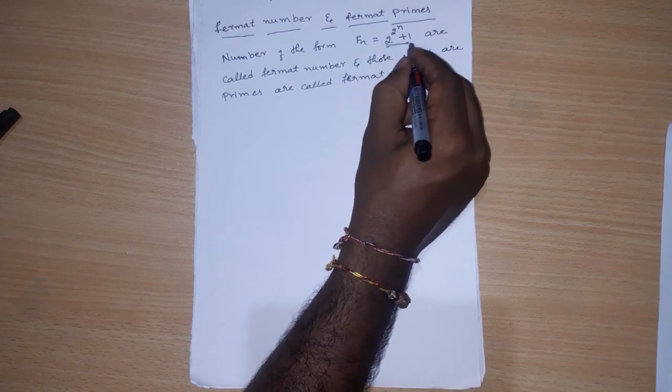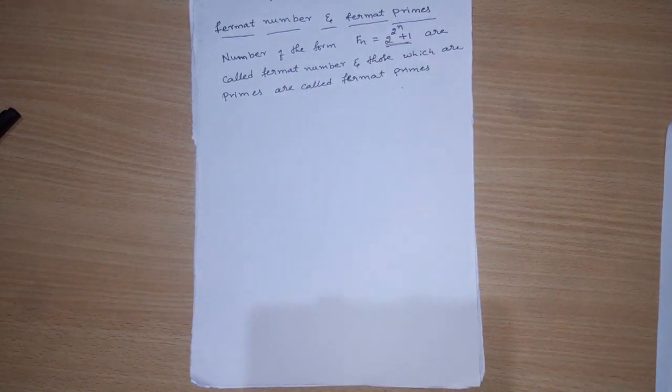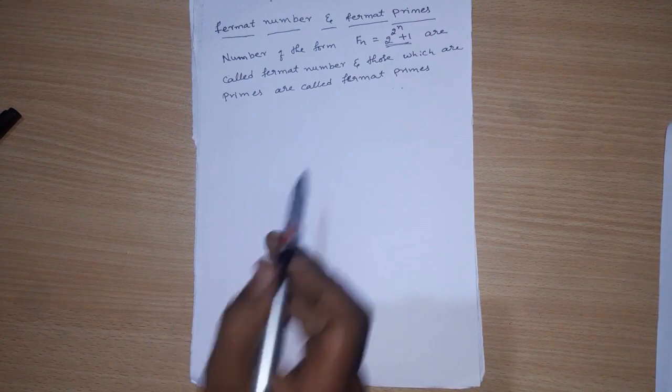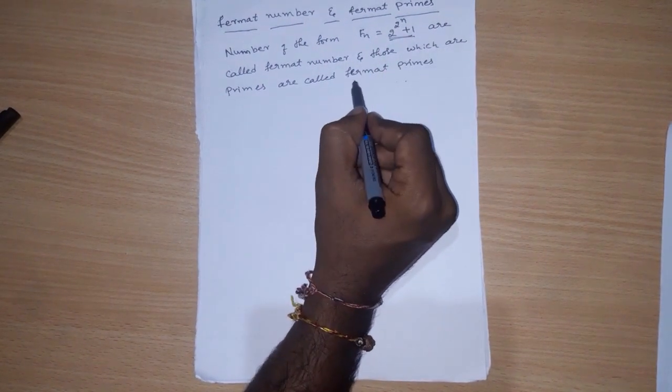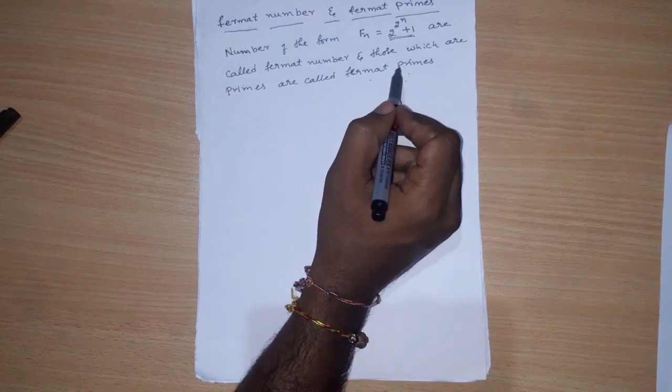Yeah, in this, if you put n equals 1, 2, 3, so on, so whatever you get prime numbers, so those prime numbers are called Fermat primes.